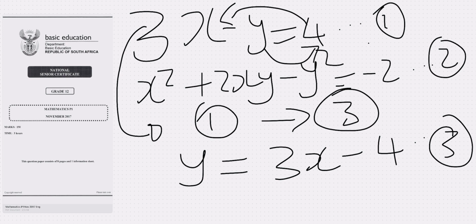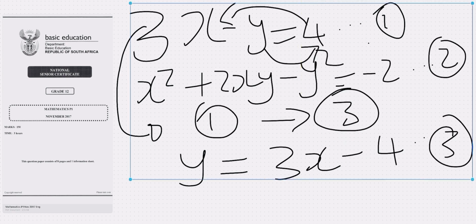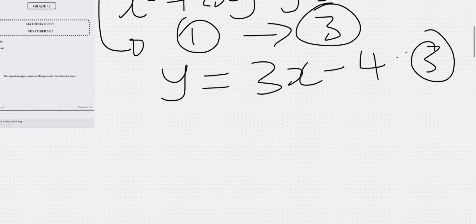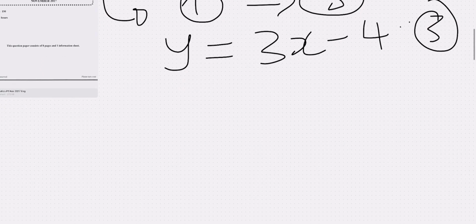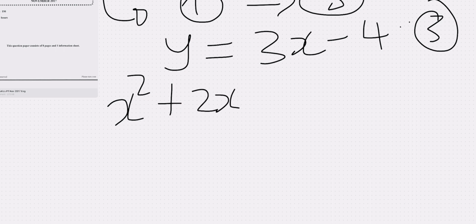Okay, cool. Let's go to the substitution part. Let me move this up a bit. So our equation 3 should be substituted in equation 2. And our equation 2 says x squared plus 2xy.